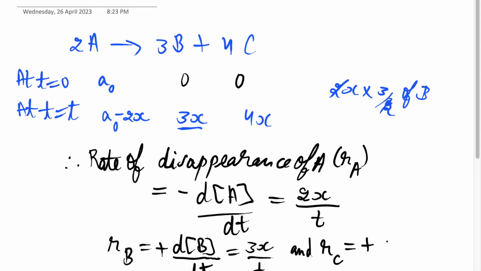RC is equal to plus dC by dt. So dC is 4x and dt is t, so 4x by t.